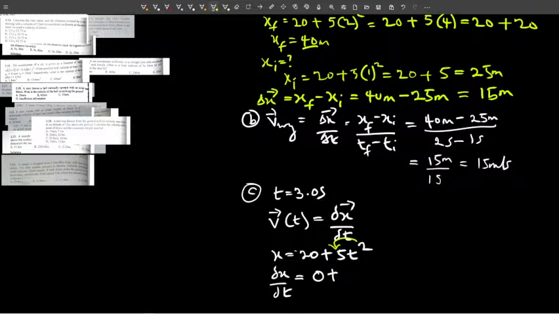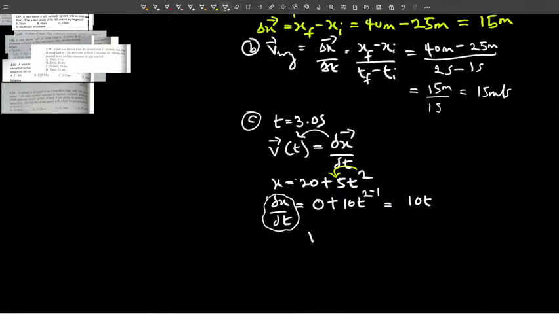So this will give me 10t raised to power 2, then we remove 1 from 2, so this becomes 10t raised to power 1. So dx over dt is velocity. Hence velocity as a function of time is equal to 10t.